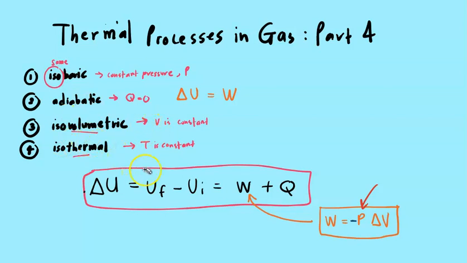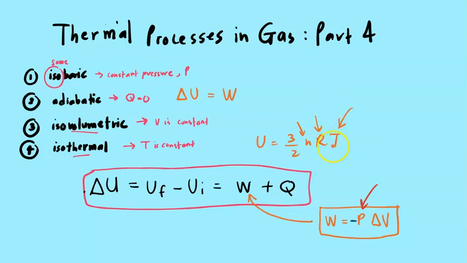T for this equation comes from the internal energy. Remember, U equals 3 over 2 nRT. So if T does not change, it means that your internal energy cannot change, because internal energy is equal to 3 over 2 nRT. R is a constant and n is the number of moles.